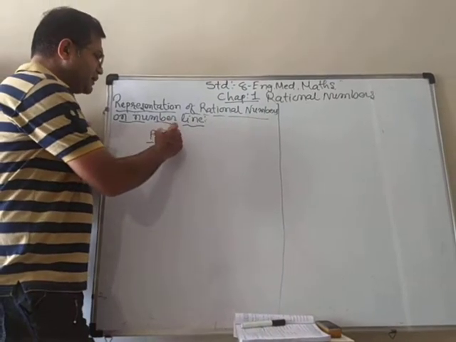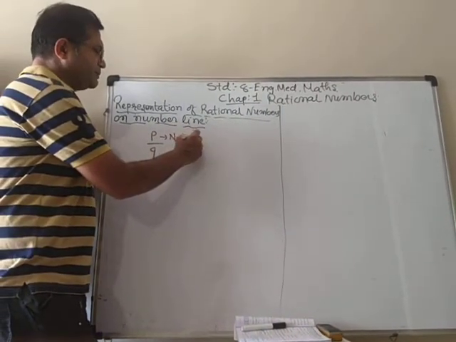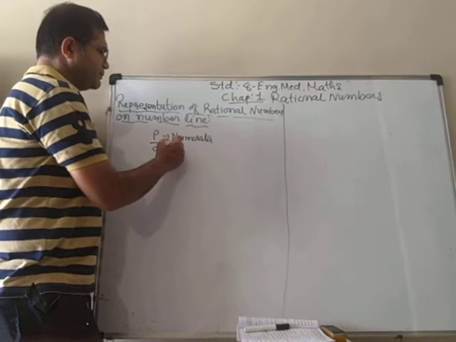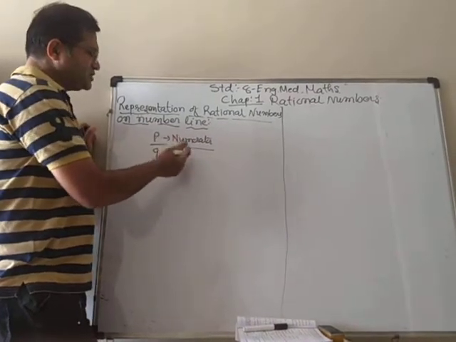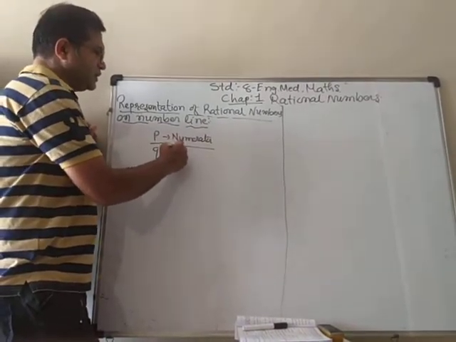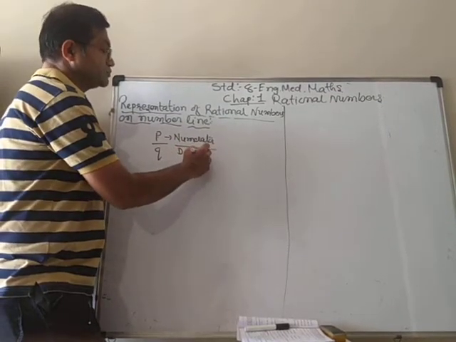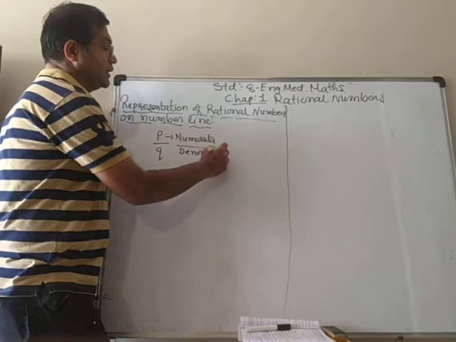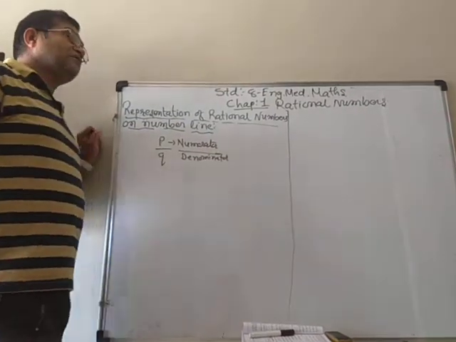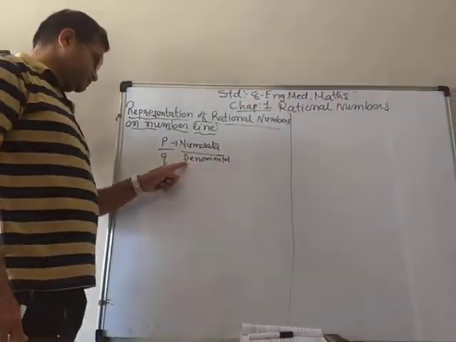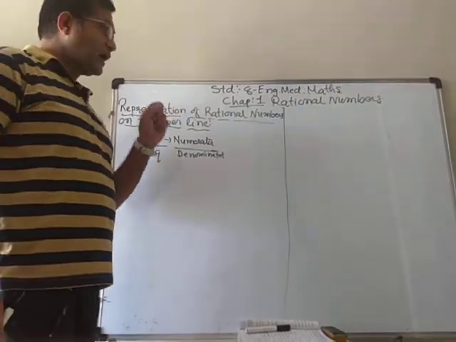Here the number on top, P, is known as the numerator, and the one below is known as the denominator. First you have to learn how to represent using the denominator.